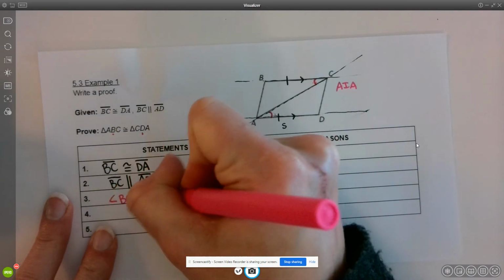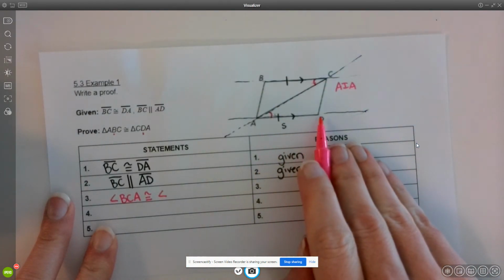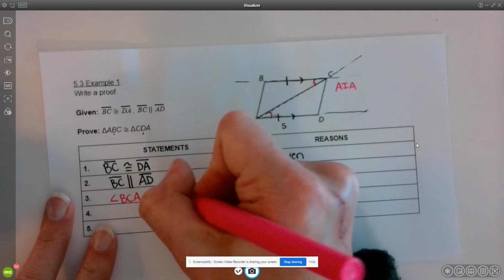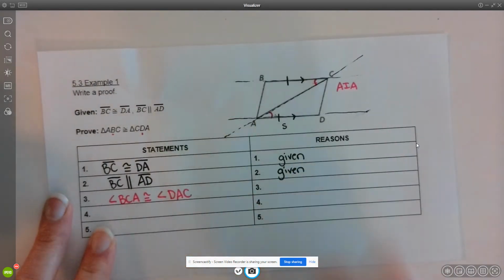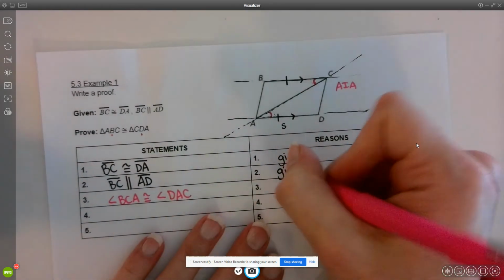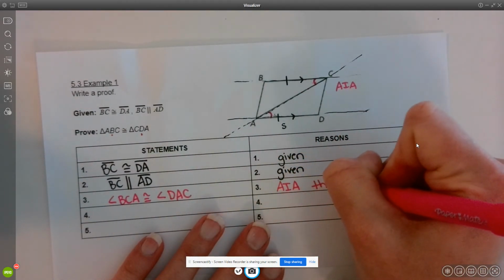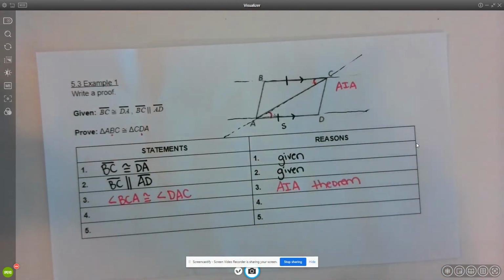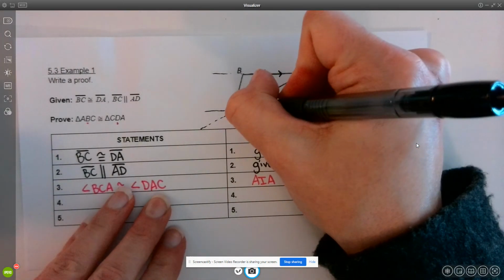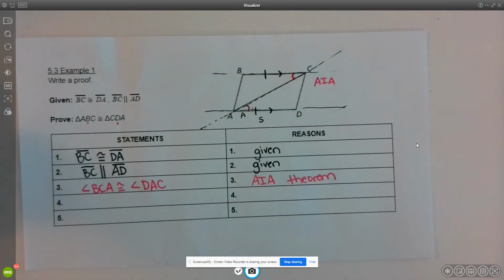So I need to make sure when I name this angle, I name it angle DAC. Those two angles are congruent, and we discovered that because they were alternate interior angles on parallel lines. Okay. So I've got a side and an angle.